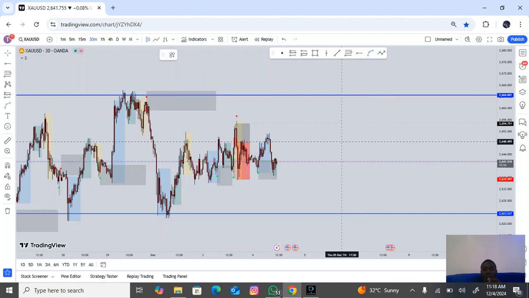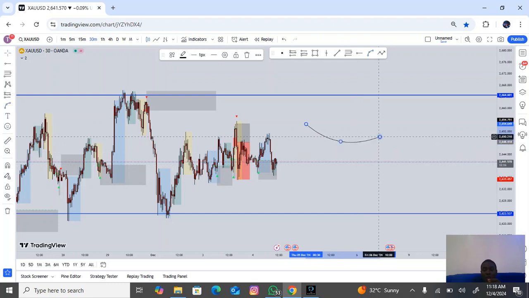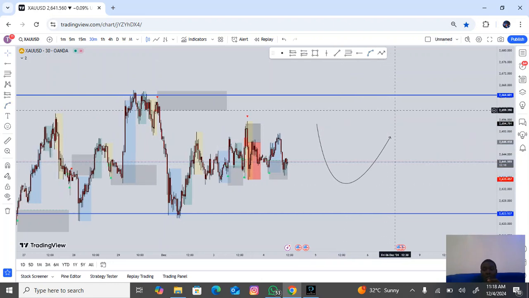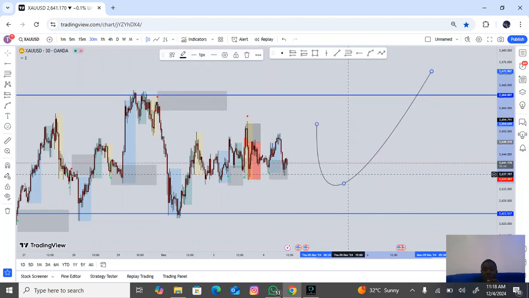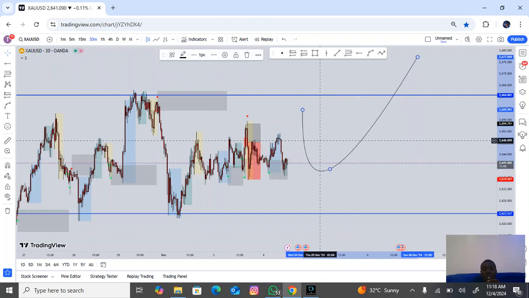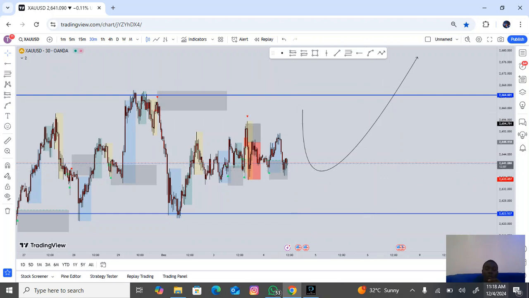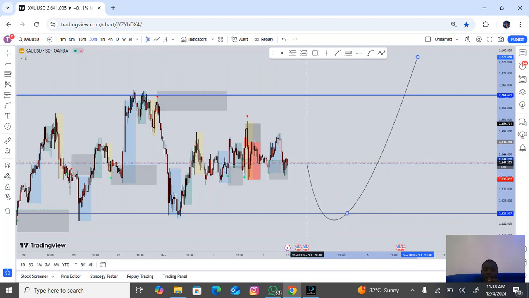All right, this is a curve tool, right? The curve tool, you can also use it to indicate directions, right? To show directions, right? For instance, you are saying gold is going to go up, right? You can just indicate that this pair is going to go up. Any trader who sees your chart will see that you are expecting gold to go up, or probably you are expecting gold to come down to this part from the current price, right?